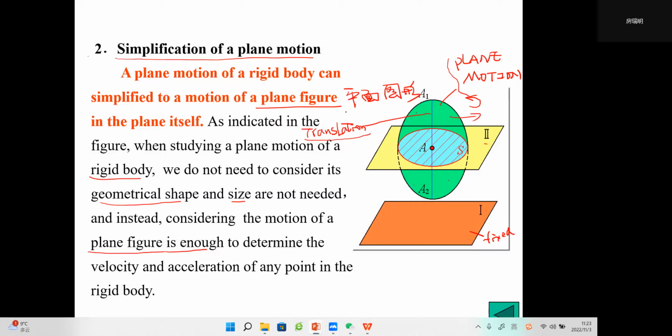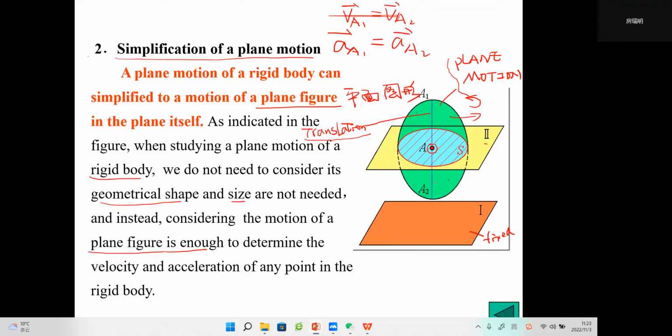Because the rigid body includes a line whose motion is translational, any two points on this line will always have VA1 equal to VA2, and aA1 equal to aA2. So we only need to study one point on this line. If we know its velocity and acceleration, then we will know the velocity and acceleration of any other point on this vertical line.